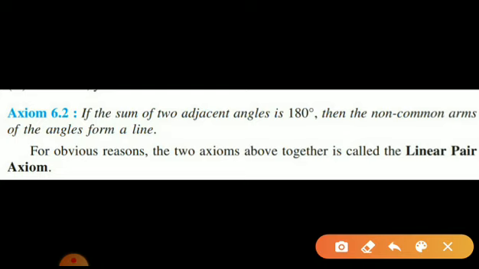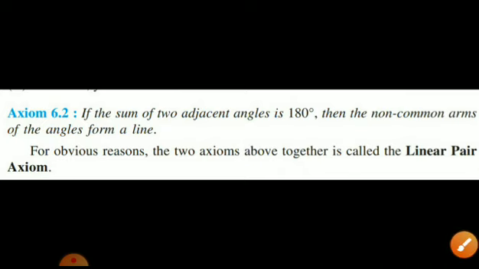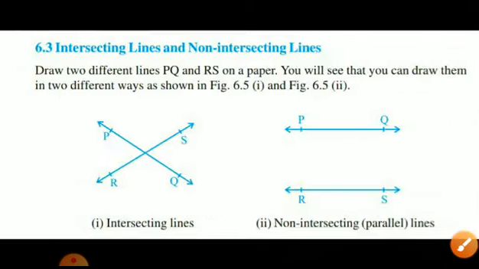Now the combination of these two axioms together we call the linear pair axiom. That is the important one. If the sum of two angles is 180, then the non-common arms will form a straight line. Or if there is a line and a ray on the line, then the sum of the two angles formed will be 180 degrees. Hope this is clear to you.